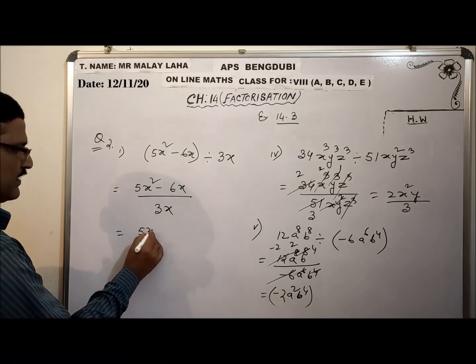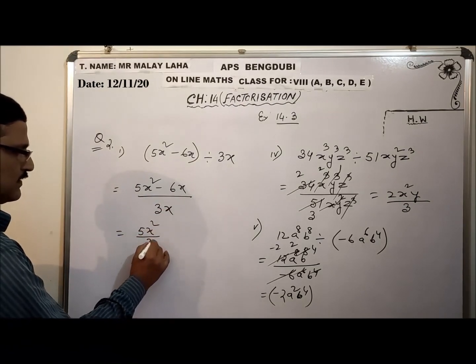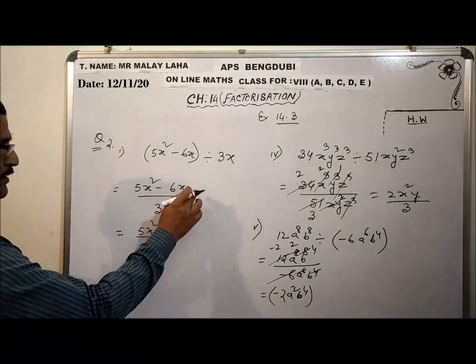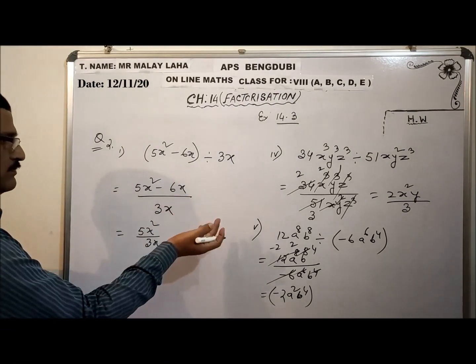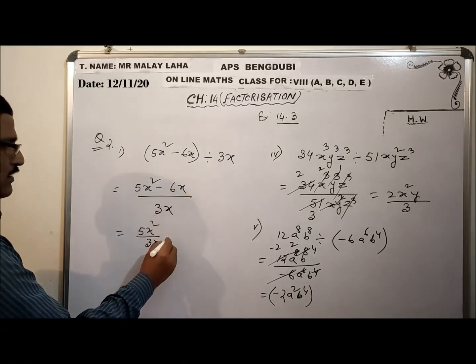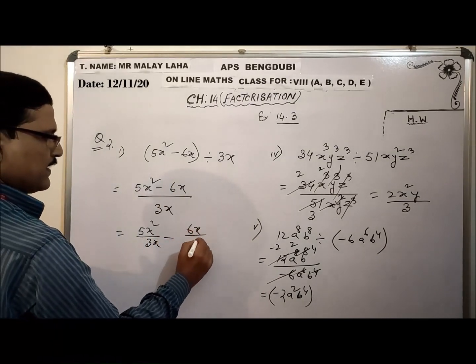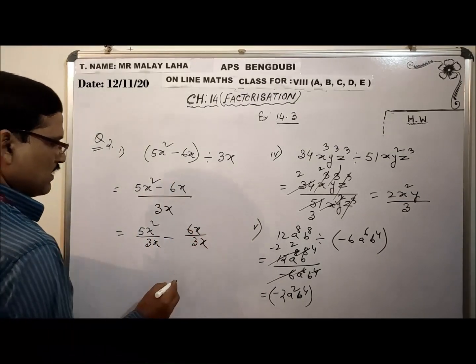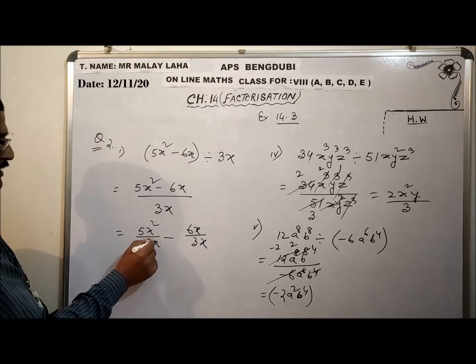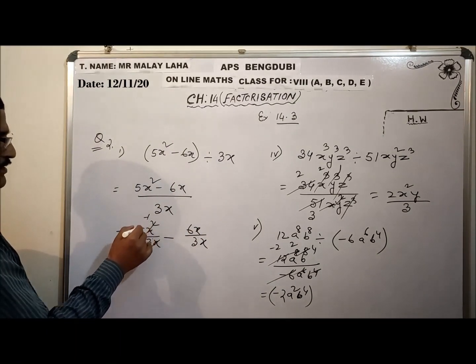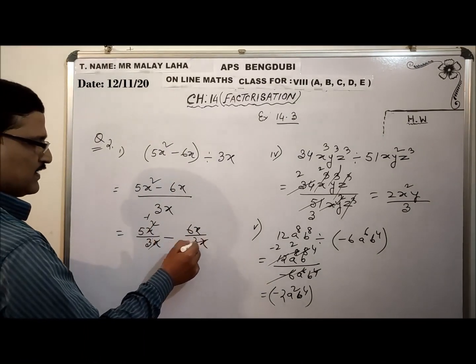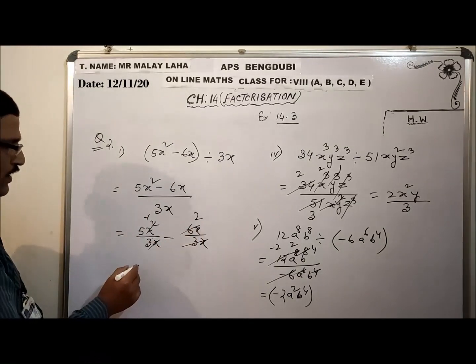So 5x square by 3x. So the denominator is for both the terms. If 3 terms are there, for the third term you will write this too. And minus sign is there, minus 6x by 3x. Now you cannot cancel this x; if I cut 1, and then for 6x if we cut 2. What is left out?